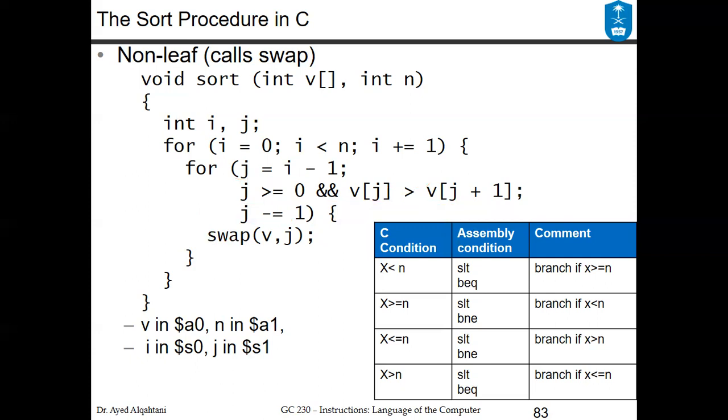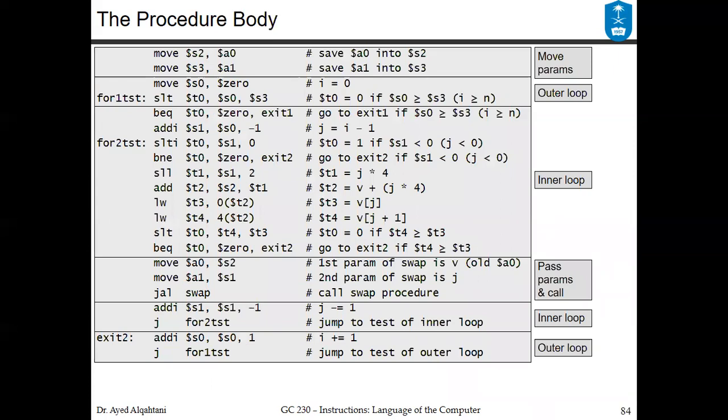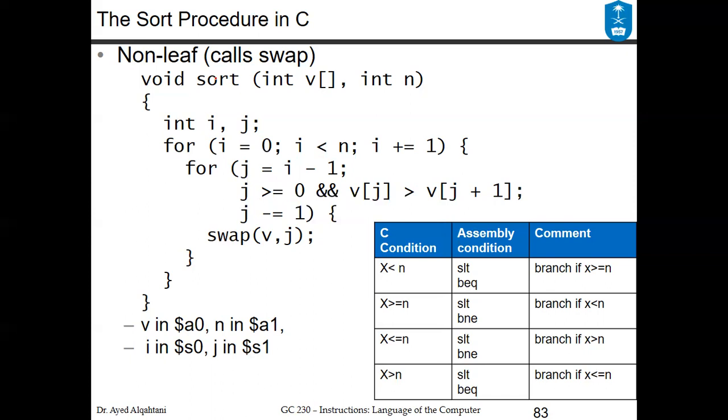At this point, we will move to the procedure body. And as you can see, what we did here is we saved the arguments, which are A0 and A1, into S2 and S3, respectively. And to remind you, this is the argument, which is the same as the argument of the swap, except that this is the full size of the array instead of a certain index.